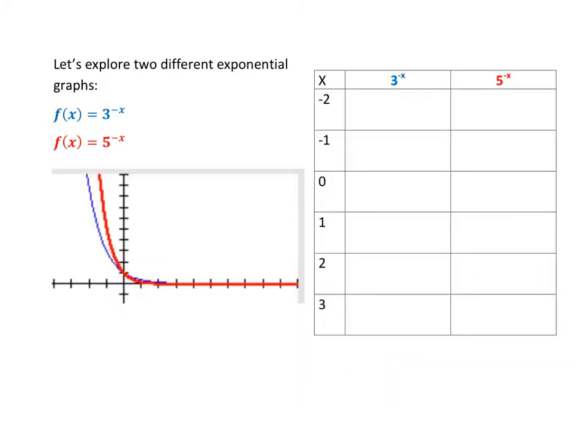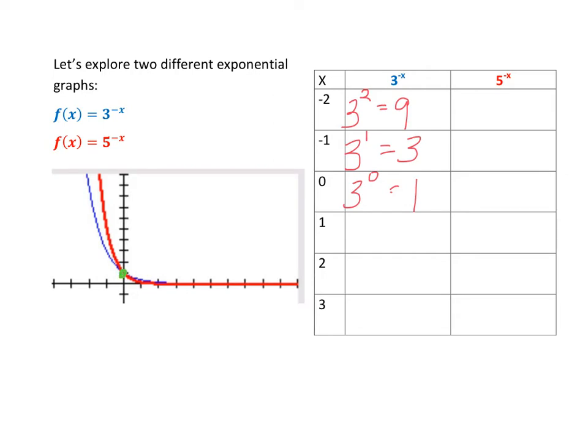Now what happens to the two graphs if I have negative exponents? Essentially it just flips my graph over. Looking at 3 to the -x, for x = -2 it would be 3 to the +2, which is 9. For x = -1, it's 3. For x = 0, it's always 1. That's one thing you'll notice: at x = 0, you'll always cross at 1.